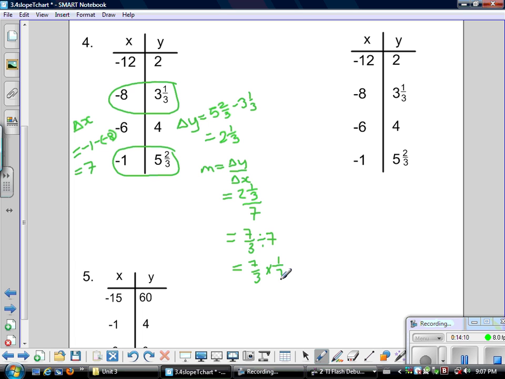Okay, my 7's are going to end up canceling out, and I'm going to end up with a slope of 1/3. Okay, now remember the 2 and 1/3? That translates to an improper fraction of 7/3. I'm going to stop the video before I run out of time, and we'll try it without the fractions now and see if we get the same answer.